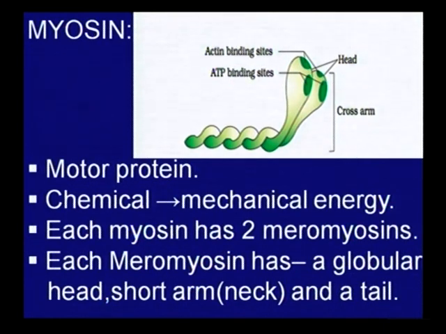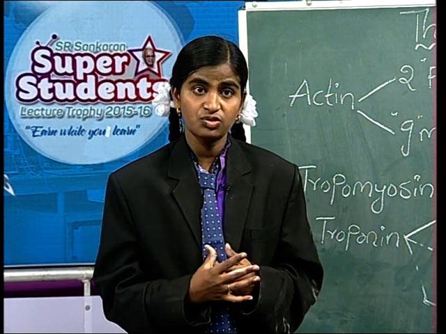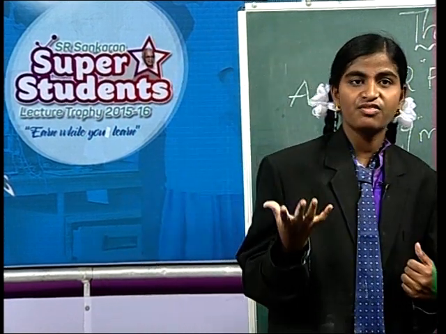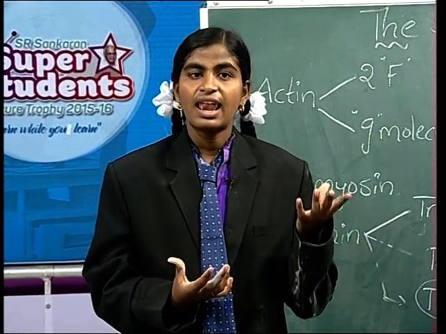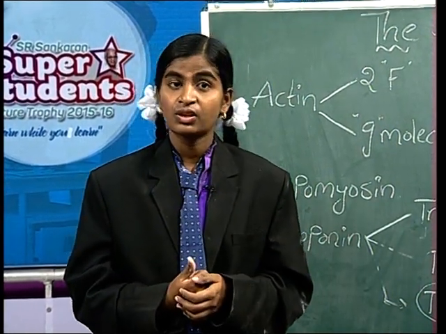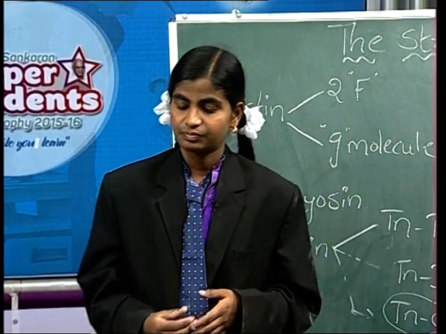Each meromyosin has a globular head and a short arm along with a tail. Friends, myosin contains the ATP. Due to the lack of calcium ions and adenosine triphosphate, we will suffer from muscle cramps. Muscle cramps are because of lack of calcium ions. Calcium ions are present in the actin site.